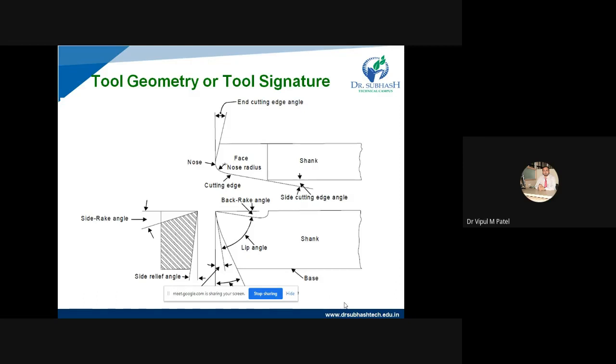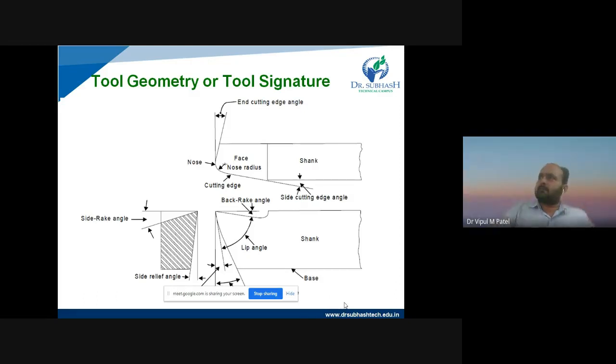First of all, try to understand the end cutting edge angle that you can see in the front view of the single point cutting tool. This one is a cutting edge, and this one is the end cutting edge angle.